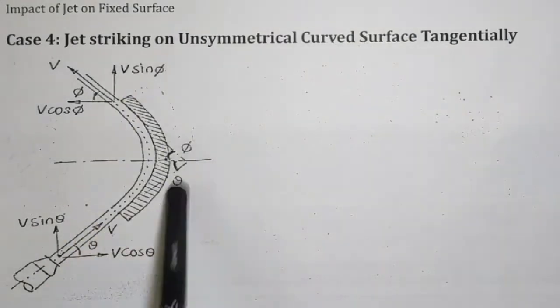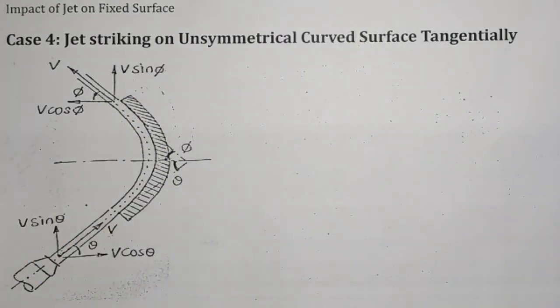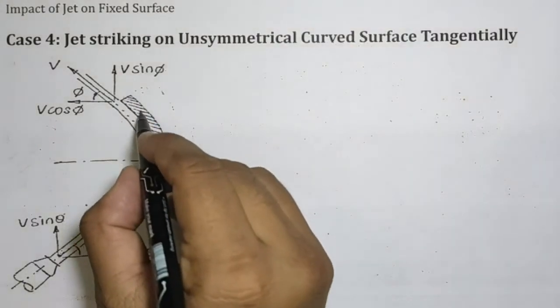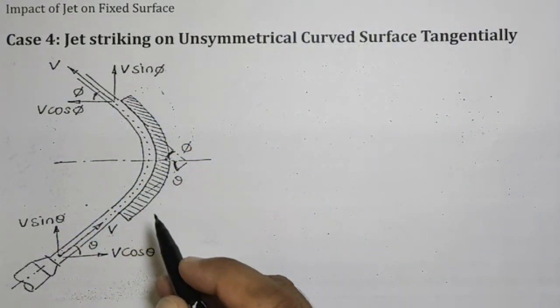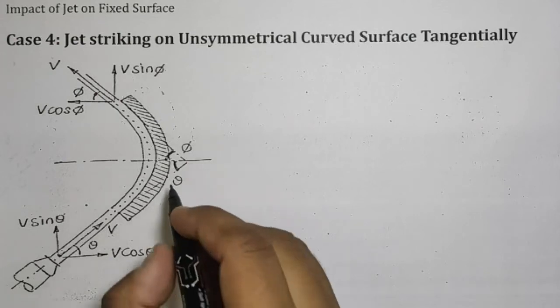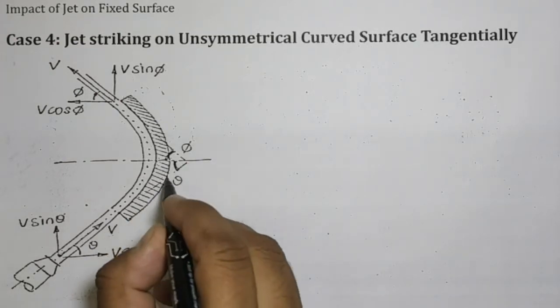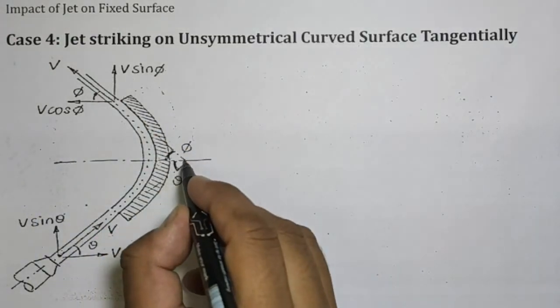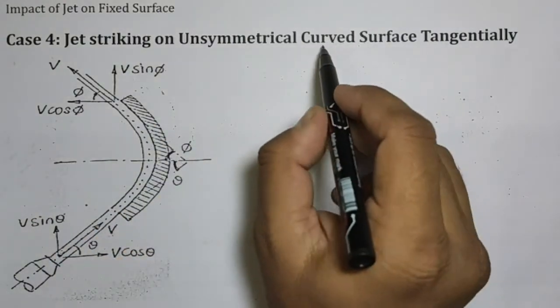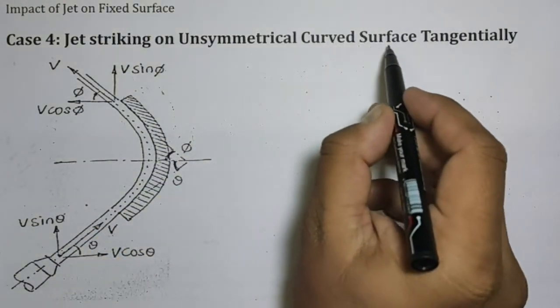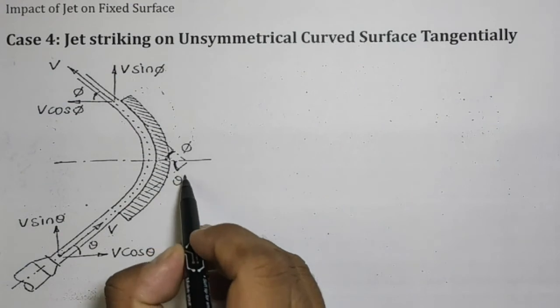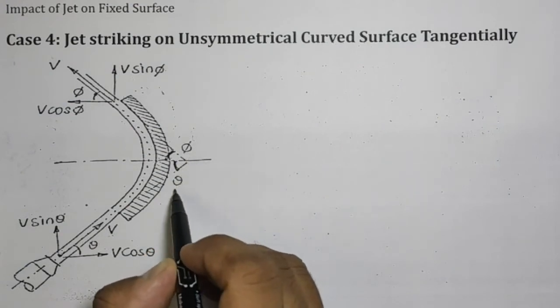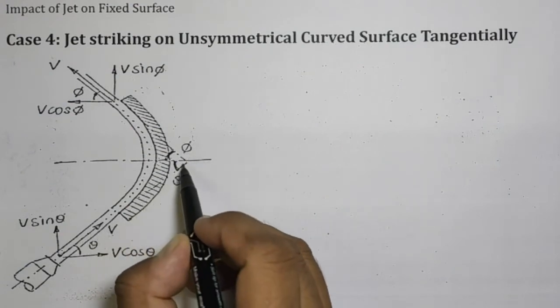Now we will see this statement with the help of a diagram. So this is a curved surface. In the previous case I told you that if these exit angles are the same, it is to be considered a symmetrically curved surface. But in this case these angles are different.